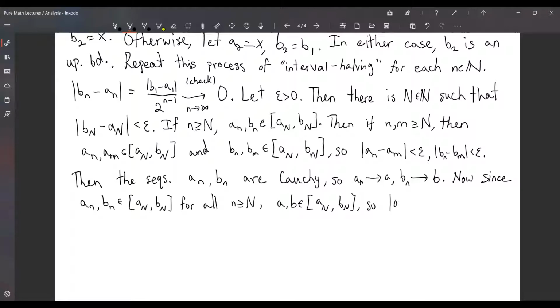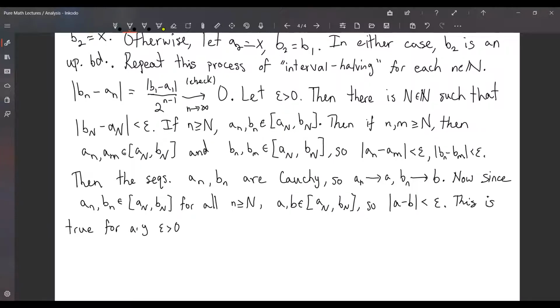And so since a and b are in this interval, the distance between them is less than epsilon. And this is true for any epsilon greater than 0, right?